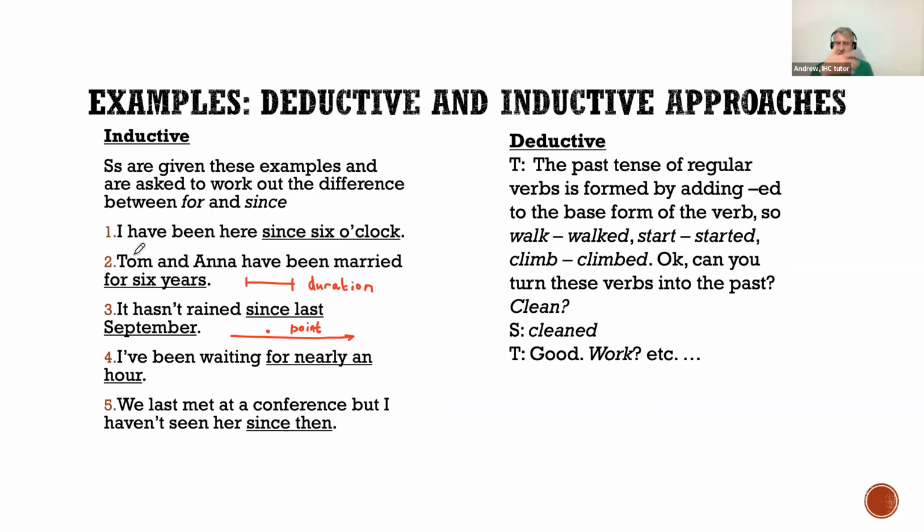Do we immediately give them the rule for the use of for and since? Yes or no? Do we give them the rule in the inductive, or immediately? When do we give them the rule? Because this is the key difference, isn't it? Christian, when do we give them the rule in the inductive approach?